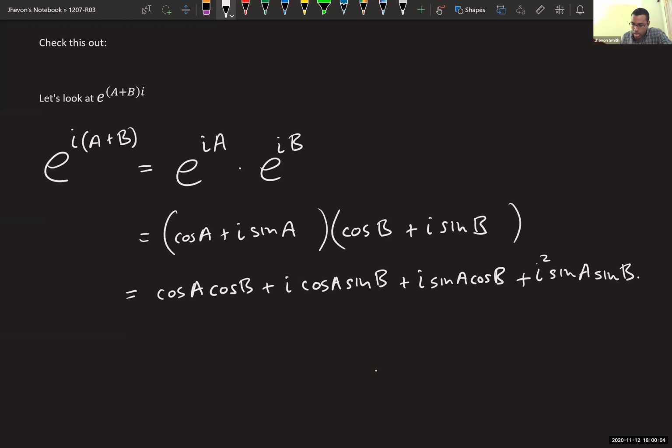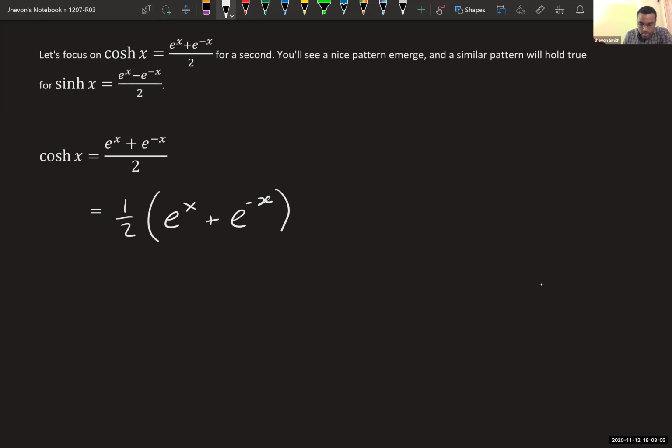What if we wanted to actually derive the Maclaurin series for the hyperbolic cosine and sine? We could actually do that as well. Notice here, if I wanted to do cosh, for example, this is just going to be 1/2 times e to the x plus e to the minus x.